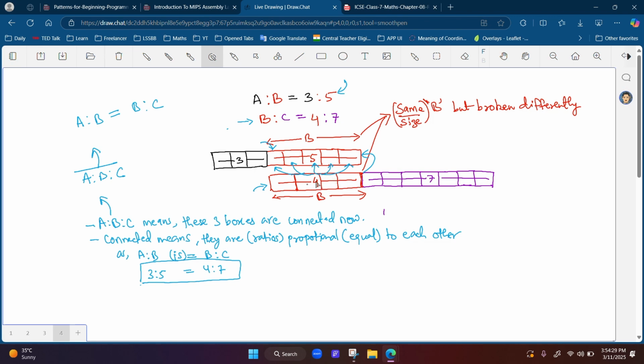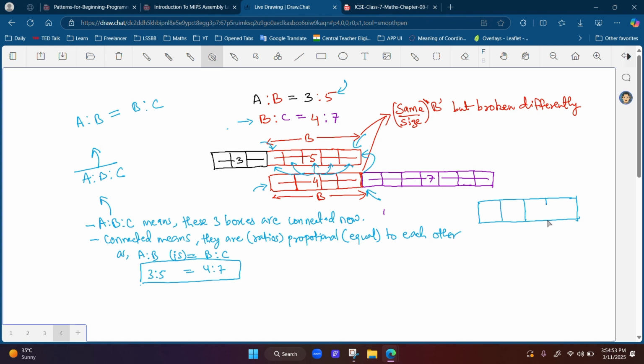So if I have B, this box which has 4 partitions, if I try to take this box and put it inside this box which is of same size but the partitions inside are 5, it can be fit. How? Like this.